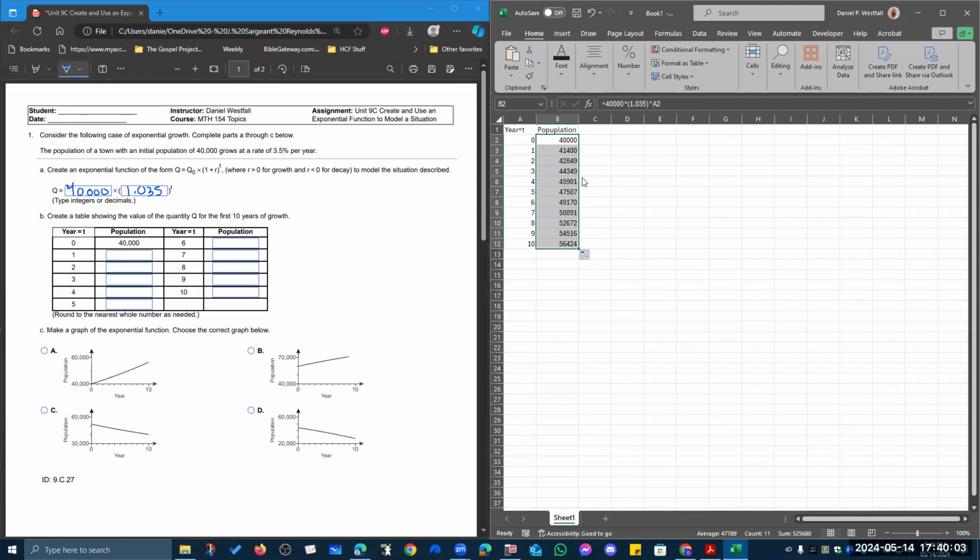I've already set this up to be whole numbers here, so you may need to adjust your column to round for you.